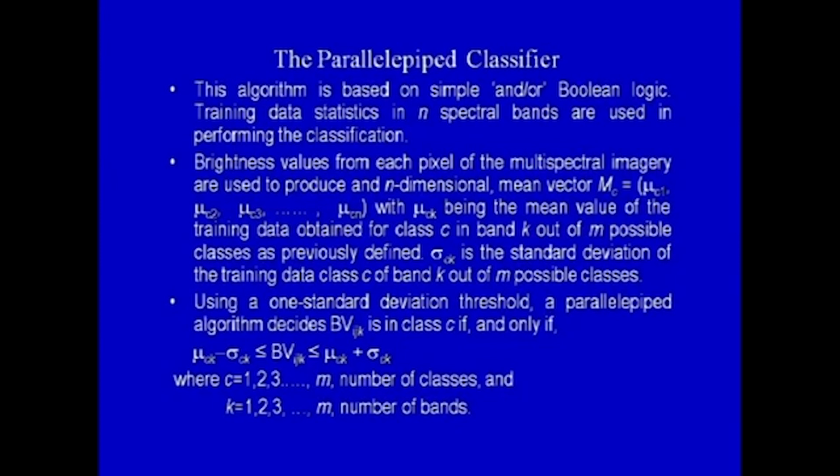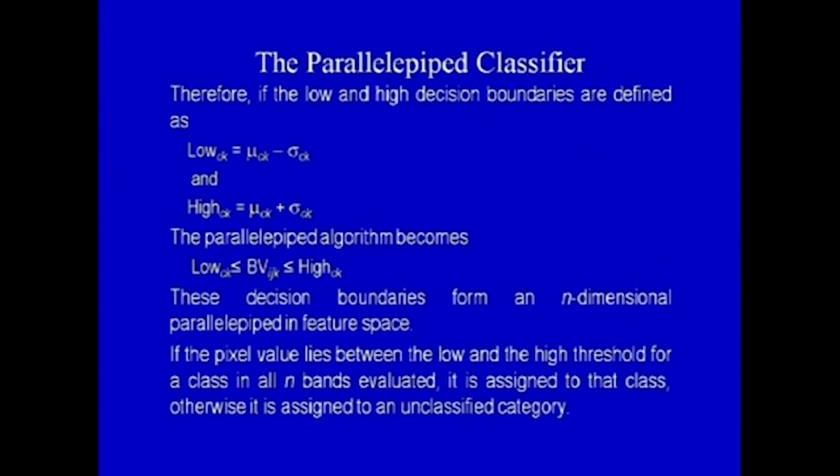BV_ijk is in the class c if and only if mu_ck minus sigma_ck is less than BV_ijk, but is less than mu_ck plus sigma_ck, where c is equal to the number of classes and k is equal to the number of bands. Therefore, we can now define low and high decision boundaries, where low_ck would be equal to mu_ck minus sigma_ck and high_ck would be mu_ck plus sigma_ck.